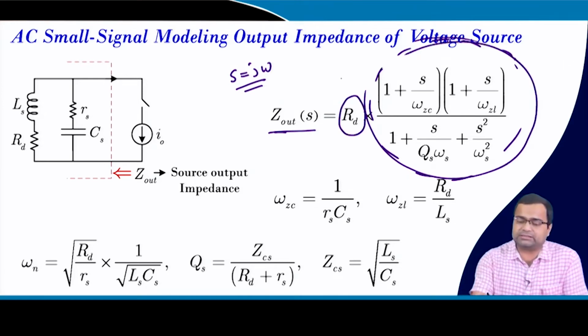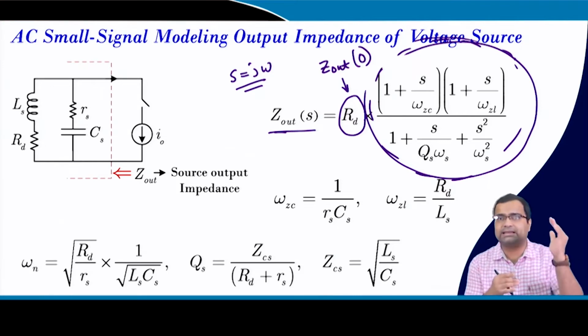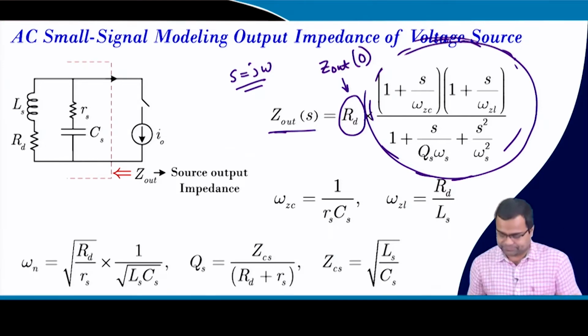That means this is the DC output impedance, the output impedance at zero frequency, and that is what we started with: the practical voltage source with an internal resistance in series.